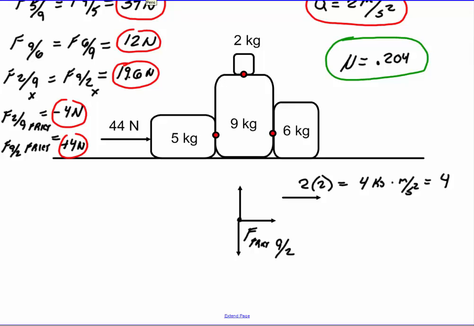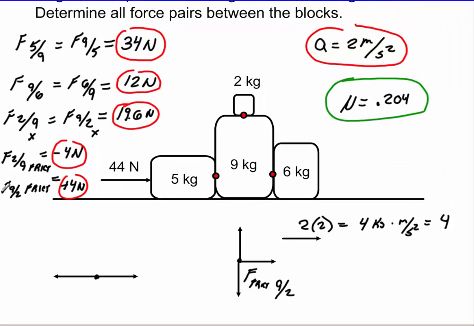Dr. Holt, can we get our phones out to take a picture of the problem? Yeah, you can take a picture of the problem.